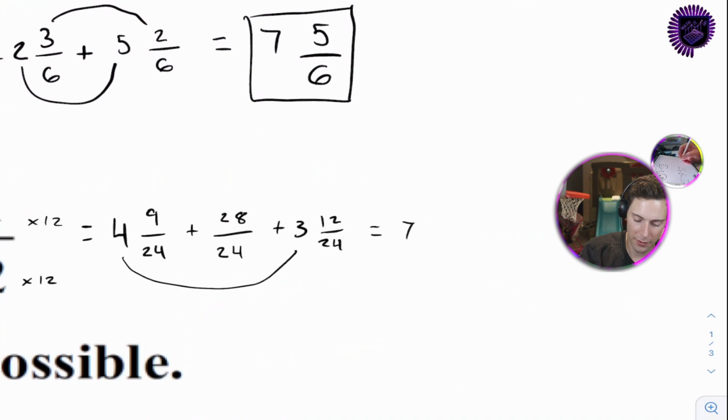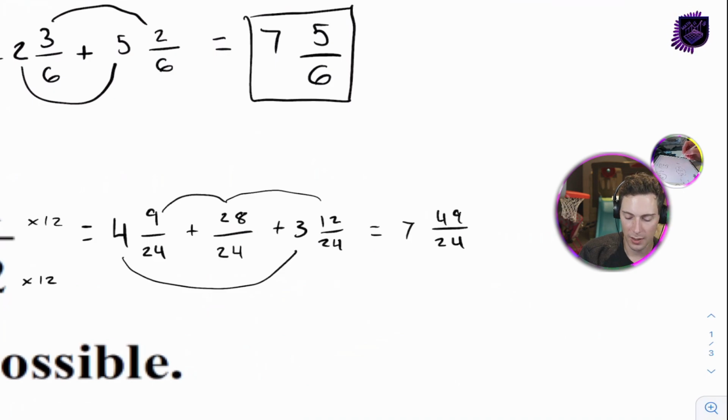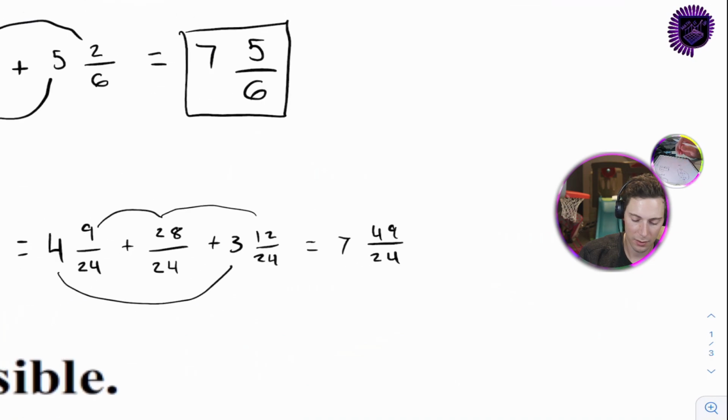This will equal 7 and something over 24. 9 and 28 is going to be 37, plus 12 is 49. 49/24 minus 24. Ooh, there's two groups of 24 in there. So this is going to be equal to 9 and 49 minus 48, which is 9 and 1/24.